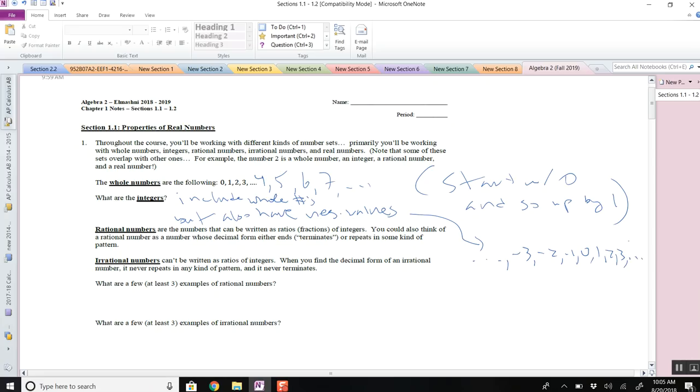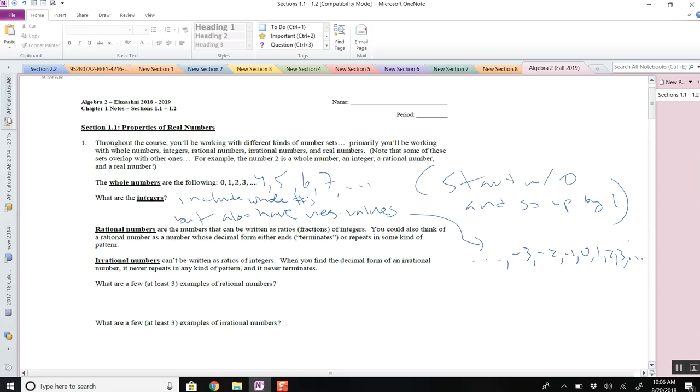They're like whole numbers, but a little bit more inclusive because they don't just have 0, 1, 2, 3, 4, 5, 6, 7, and so forth, but also -1, -2, -3, -4, -5, all the way down to negative infinity. So those are integers. Whole numbers are kind of like the base, and then the integers build up from that.